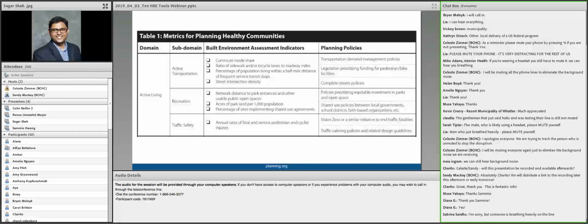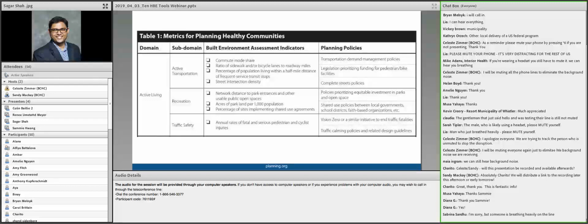The next 2 columns are important to planners. The first is built environment assessment indicators, what we would traditionally think of as matrices and indicators. And the second is planning policies. So considering these indicators, once you assess your existing situation, what policies can you use to improve health outcomes?